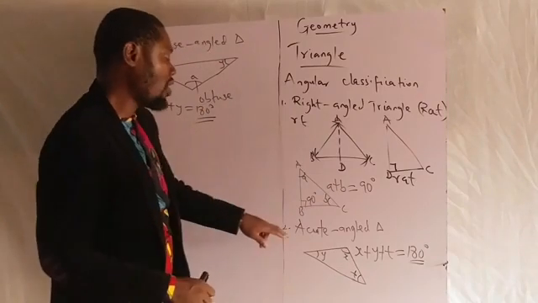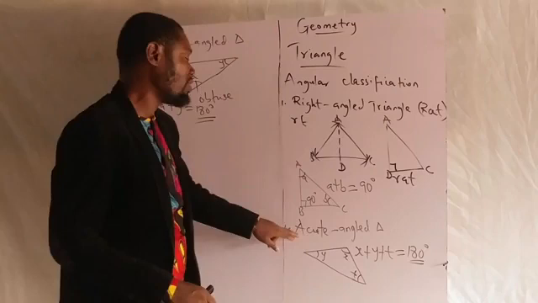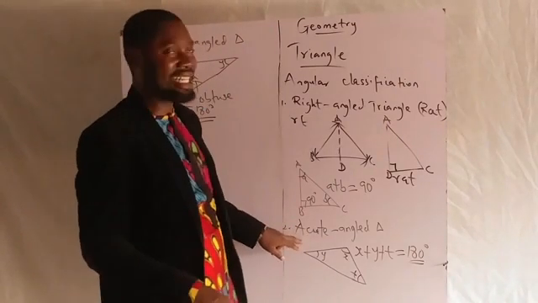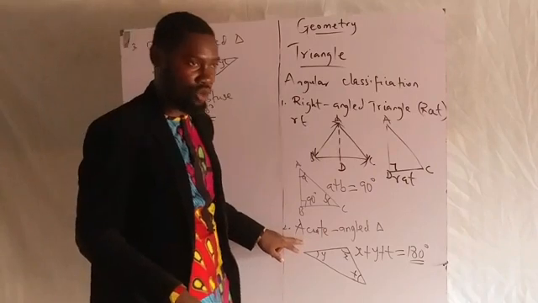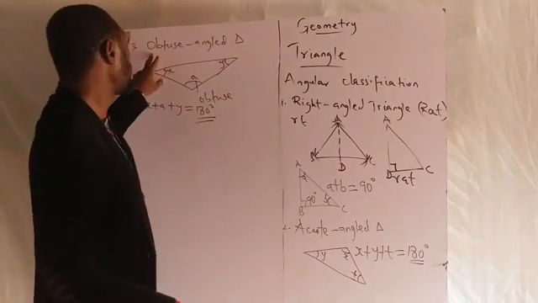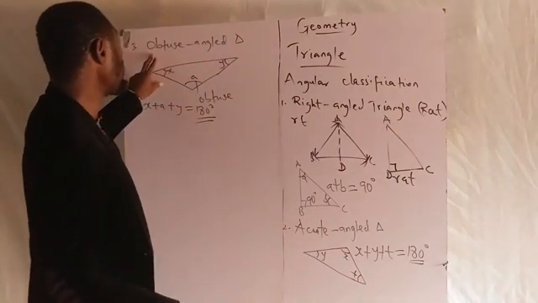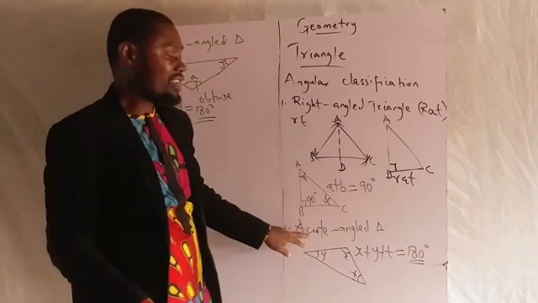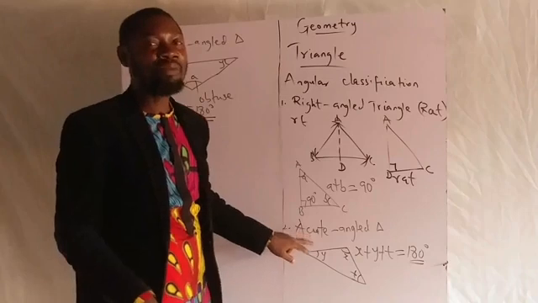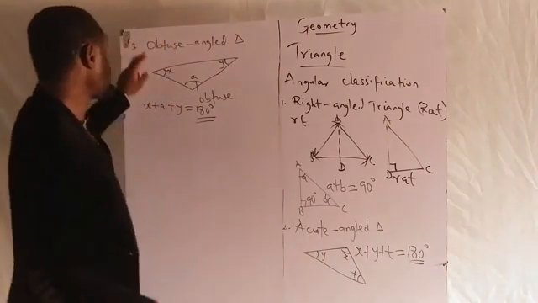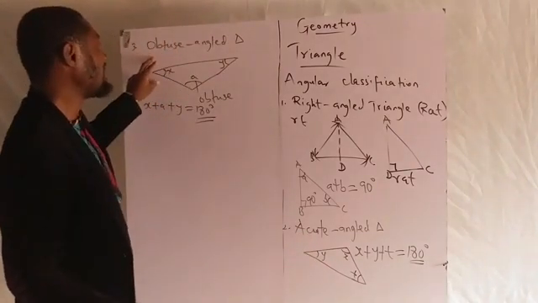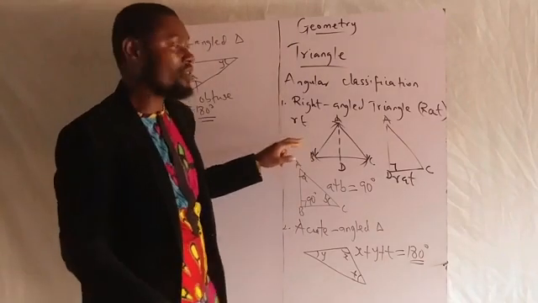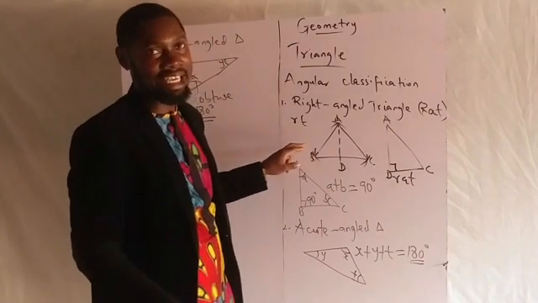Now, to help you differentiate between the acute and the obtuse: in the acute, one of the angles is less than 90 degrees, while in the obtuse, one of the angles is more than 90 degrees, while in the right angle triangle, the angle is 90 degrees.